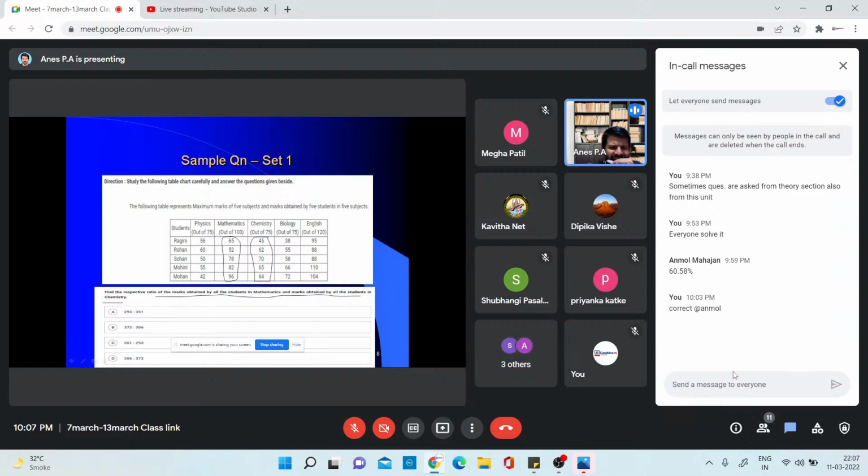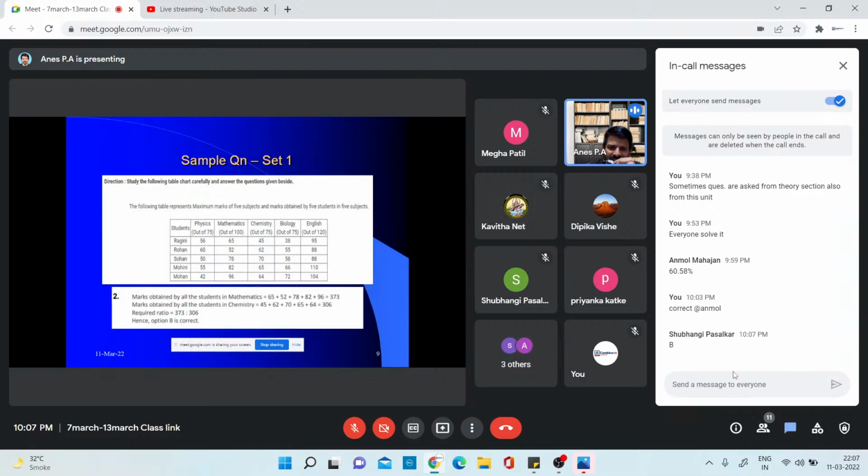Anybody who doesn't get this question, please tell, I will explain. No, sir. Okay. This is what we have discussed. We find out the marks obtained by all the students in mathematics, then the marks obtained by all the students in chemistry, then we find the ratio.